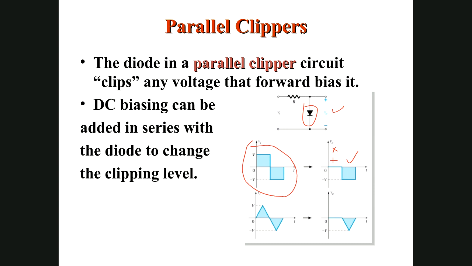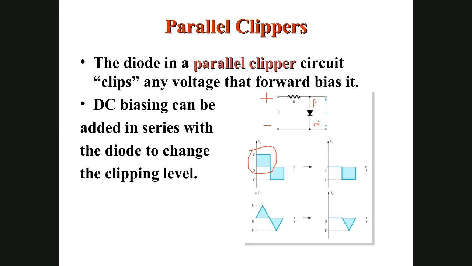It's very simple. Again, in brief, how it works: we have to discuss step by step, because your signal has two parts. We will start with the positive half first. In the positive half, this point is positive and this point is negative. Your diode's P side is getting positive voltage and the N side is getting negative voltage. Thus your diode is forward biased. But here you have to be very careful.